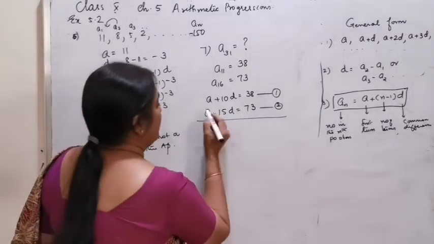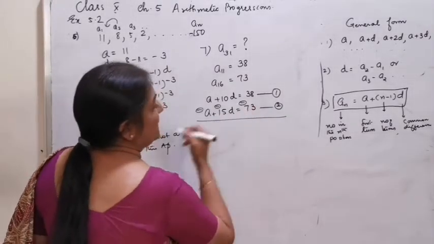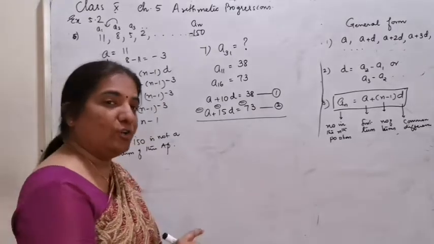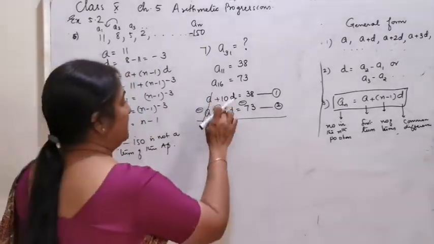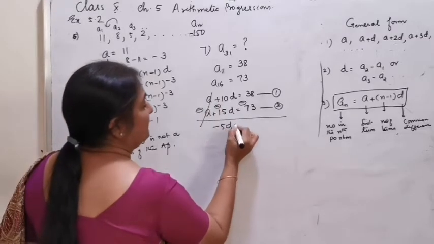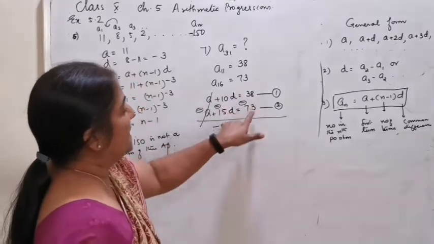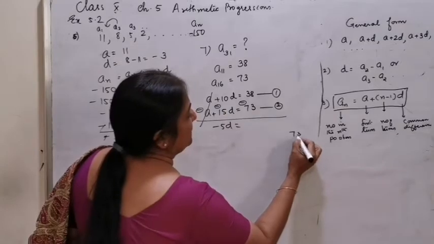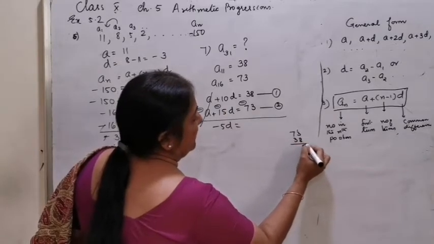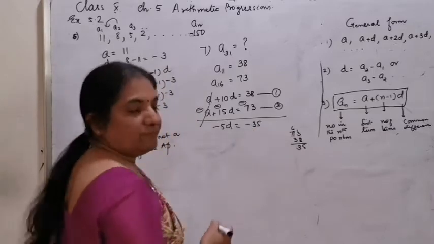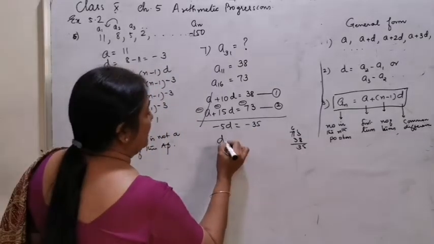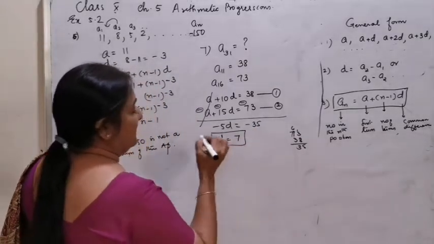For solving, we will subtract the equations, that means change the sign of all the terms. A and negative A get cancelled. 10 minus 15 is minus 5D is equal to 38 minus 73. 73 minus 38 is 35. It is minus 35, so the value of D is positive 7.